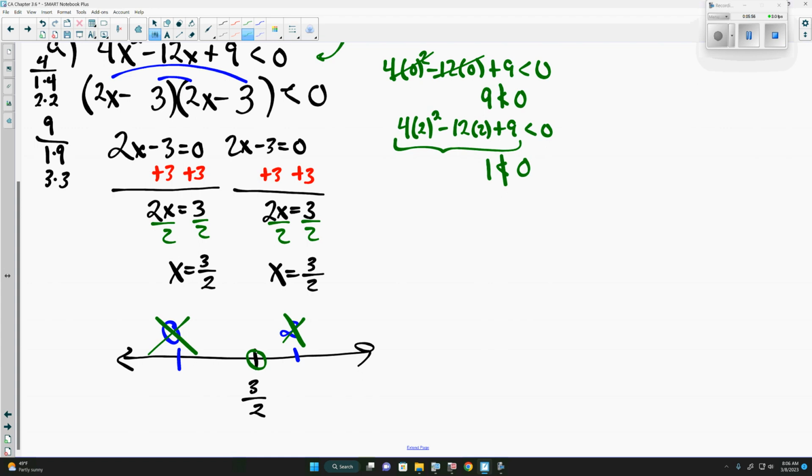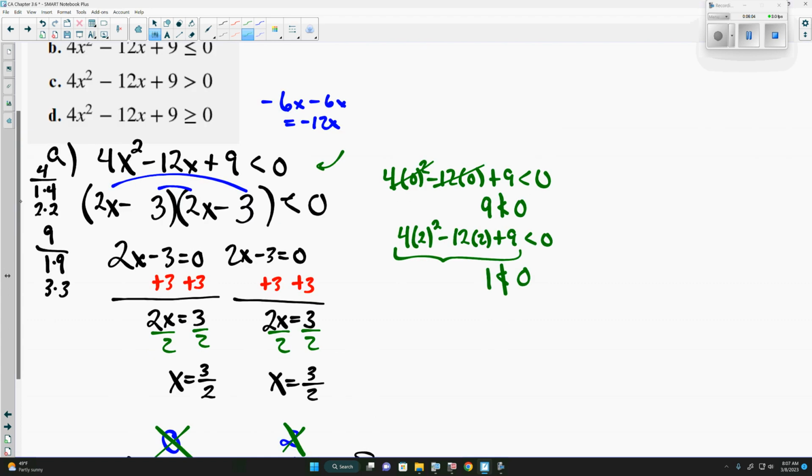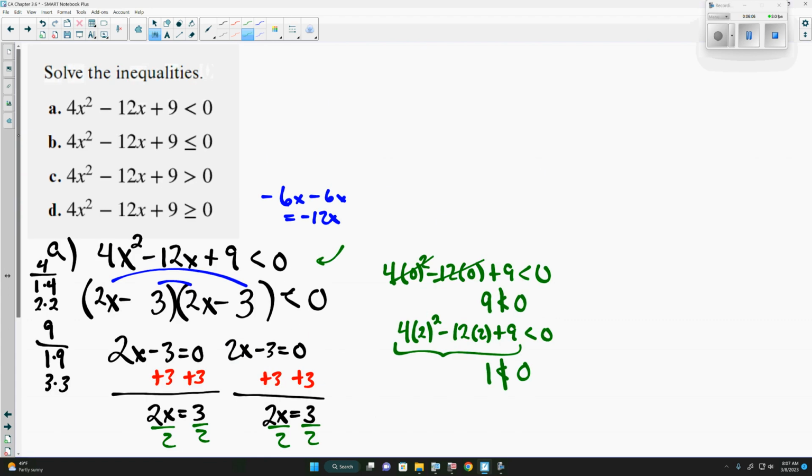So what part of the graph is, or what numbers for this are less than 0? Are there any? No. So this here is what we would call the empty set, or no solution, because there is no point on this graph that is less than 0.